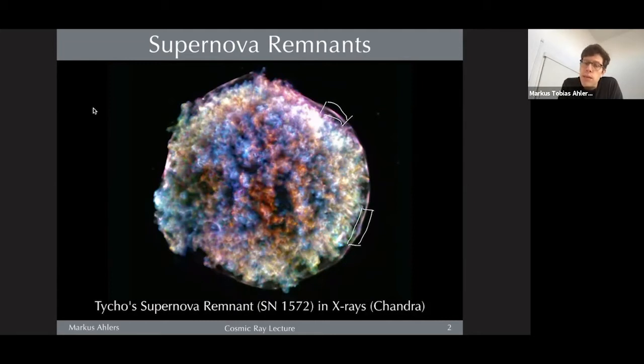So these streaming instabilities, feedback of cosmic rays as they stream through the plasma and enhance the magnetic field, seem to be very important to reach these high energies that we observe in the cosmic ray data. And for that reason, supernova remnants might indeed be the sources of cosmic rays going up to the cosmic ray knee.